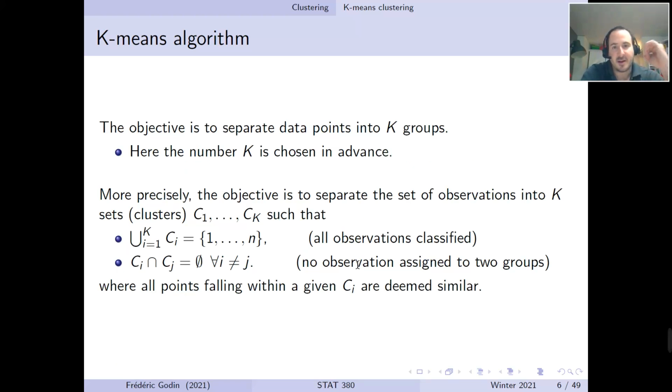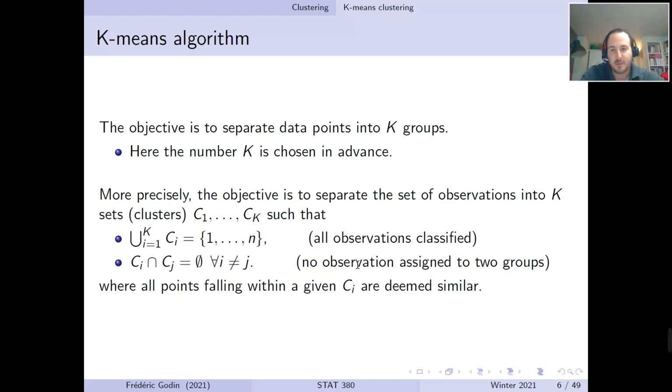The objective here is to take the original set of data points and try to split them into capital K groups, where here we're going to assume that capital K is chosen in advance. In practice, if you want to do clustering, K is not necessarily predetermined beforehand, so you might want to test various values of capital K, but here for the purpose of explanations, let's assume capital K is fixed.